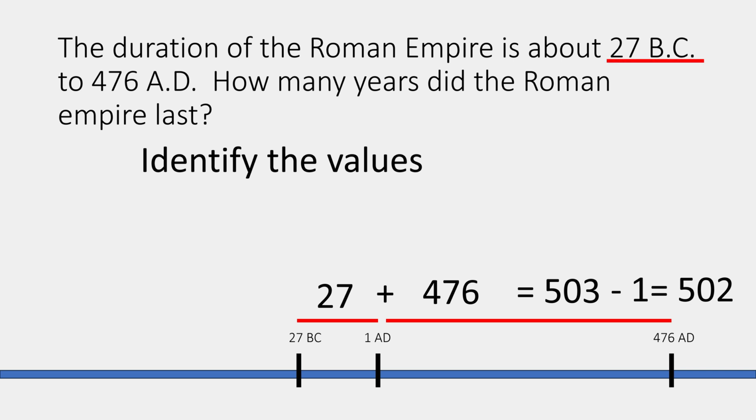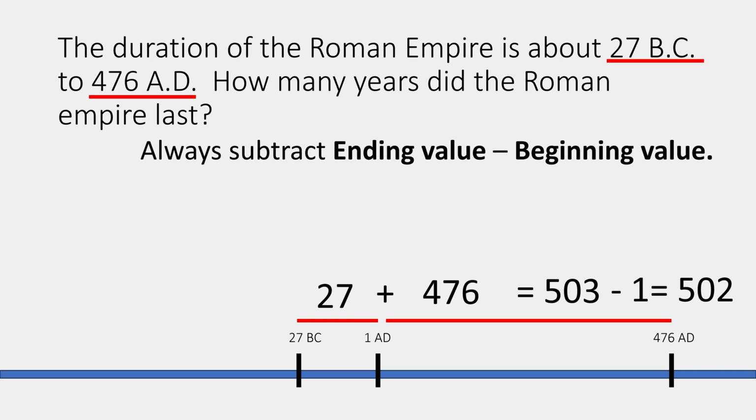We've got 27 BC. Since it's BC, it's going to be a negative 27. And the second value is 476 AD. Since it's AD, we're going to treat it as a positive. Always subtract the ending value minus the beginning value.